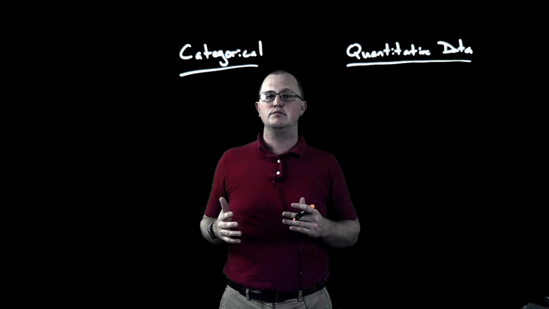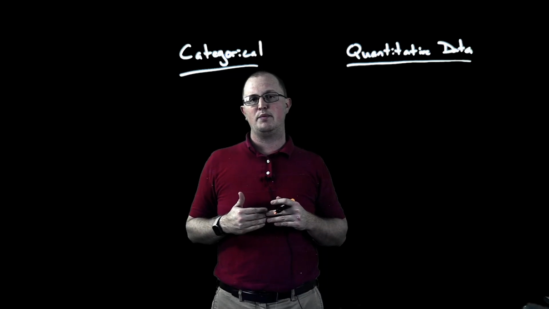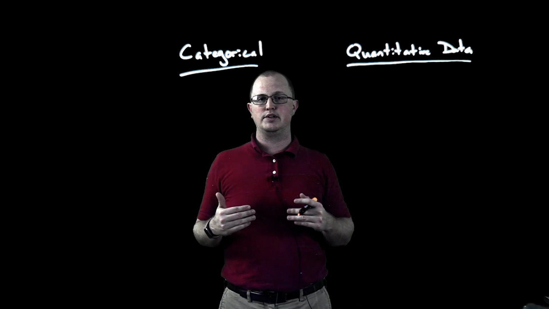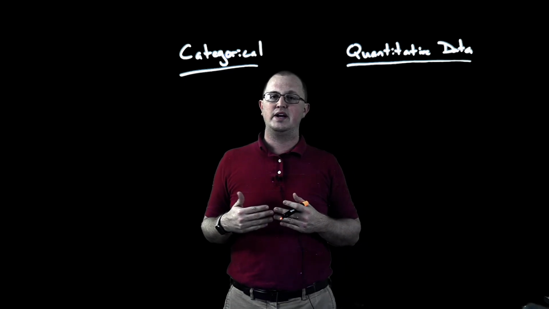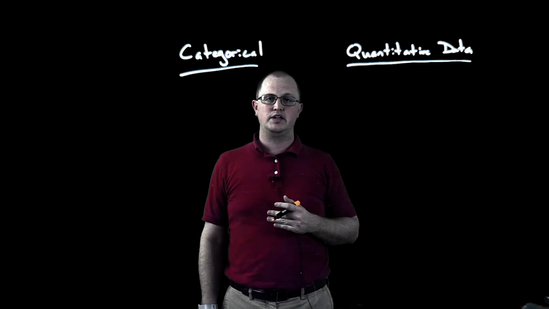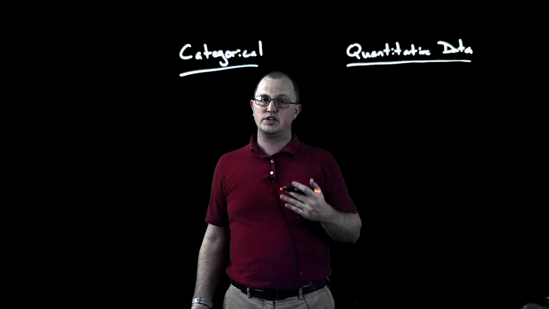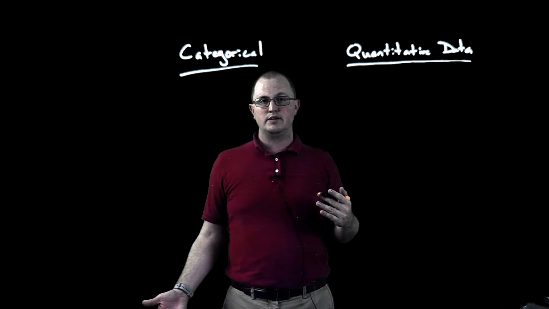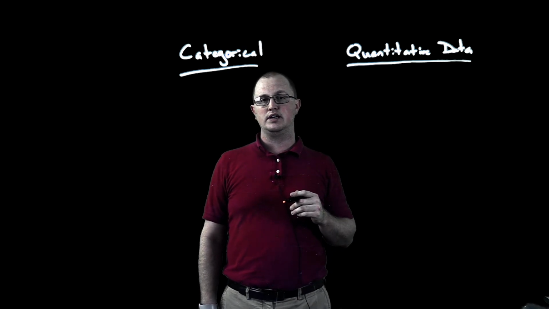Categorical data comes from trying to organize or describe attributes of our population. So whenever we're collecting data, we have to decide what variable or variables we want to study, what we want to collect. So if we're studying students at KWC, a variable could be how many credit hours are they taking.